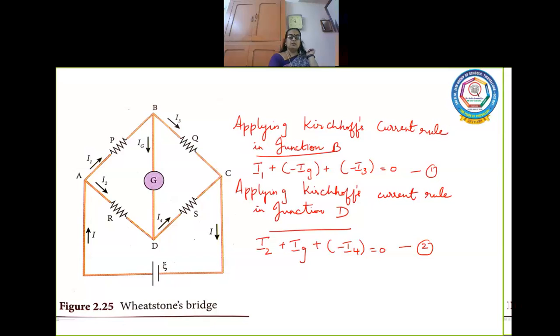Now, I'm going to explain a very important thing, children. Look at the circuit diagram once again. When a battery is connected and you send current from point A, that is from junction A, the current gets split up in these two leads.